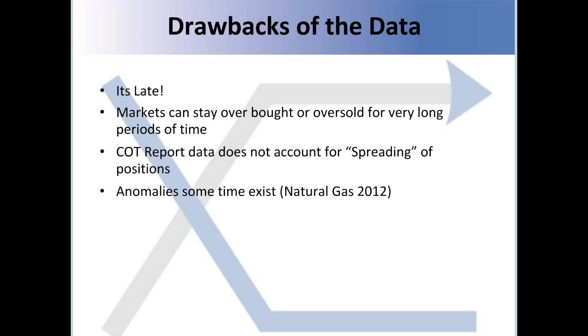Now, a couple of things we want to touch back on, because we want to be very transparent about what the COT data is and isn't. The COT data is a little bit late, but it is updated every week. The markets also can stay overbought or oversold for very, very long periods of time. I always liken this to a fundamental shift in the commercial market.